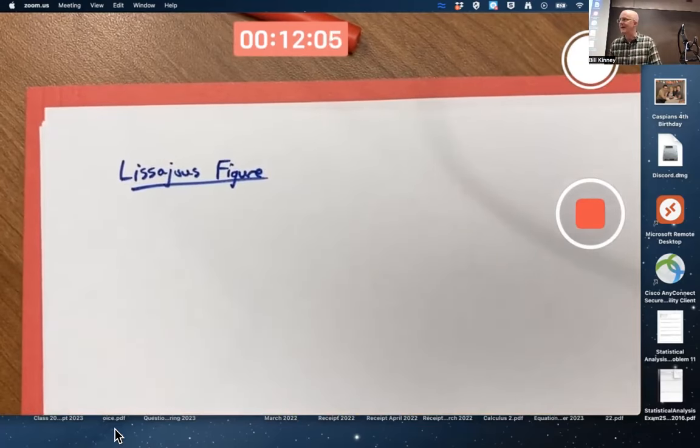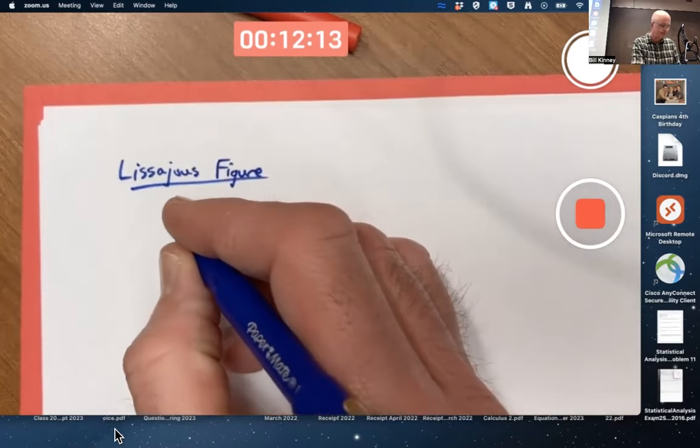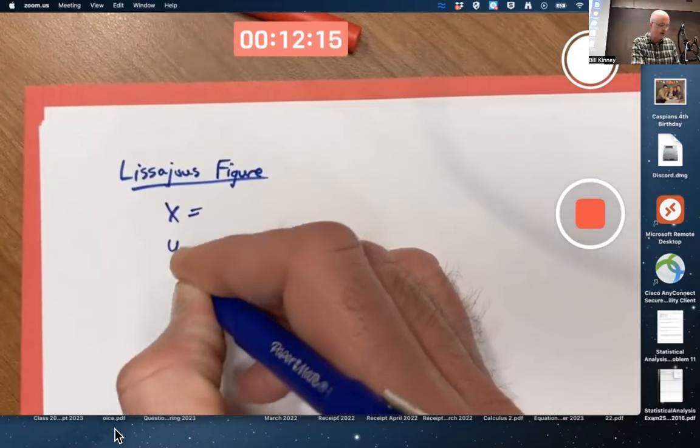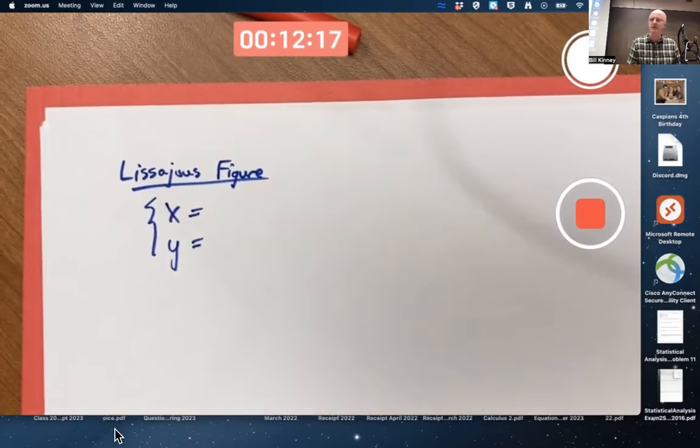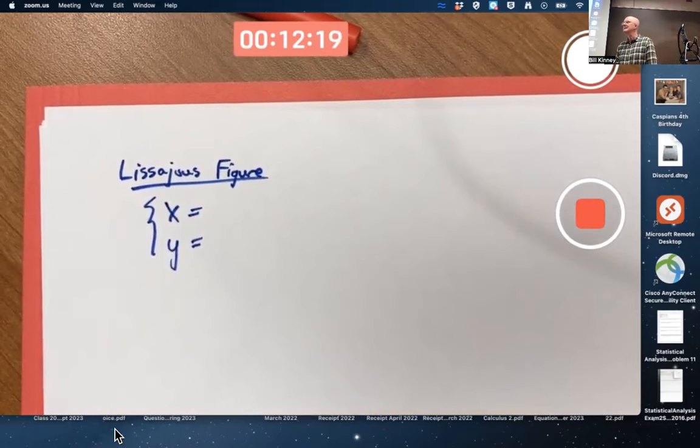because it's more interesting. The math of a Lissajous figure is harder, but it's a bit more interesting than just a plain old circle or a plain old ellipse. You still use trig functions to parameterize it, so your parametric equations still use cosines and sines.